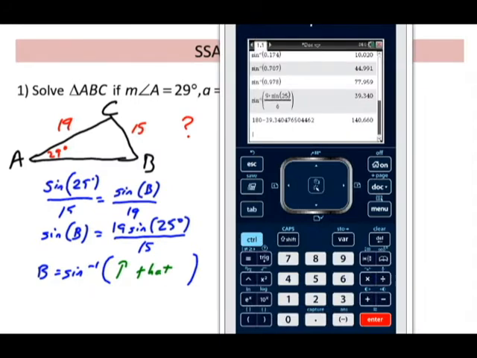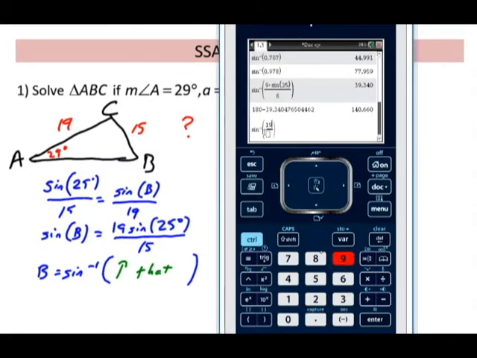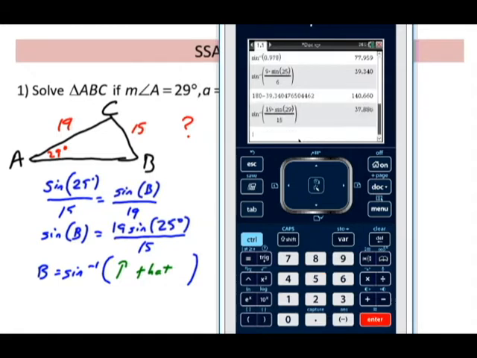So let's see what the calculator says. I'm going to store this because we are going to use it later.